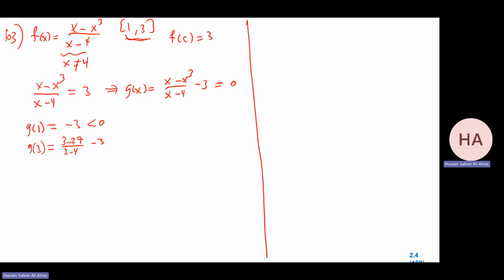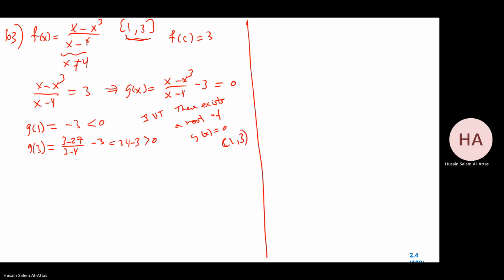Which is what? Minus 24 over minus 1, which is 24, minus 3, which is positive, I don't care. So the intermediate value theorem guarantees there exists a root of g of x equals 0 in this interval, 1 to 3. A root in the open interval, 1 to 3.